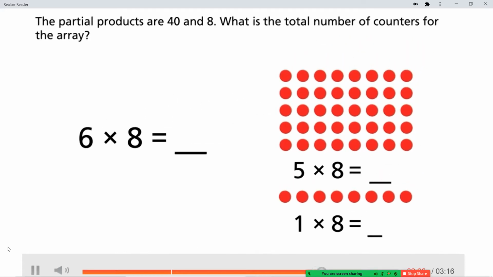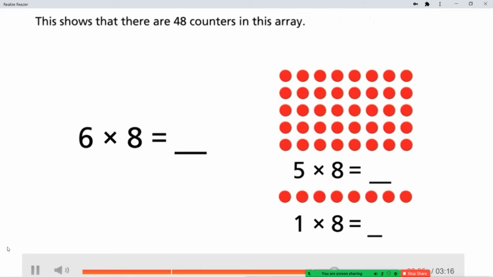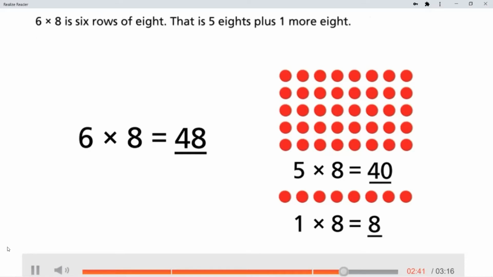The partial products are 40 and 8. What is the total number of counters for the array? This shows that there are 48 counters in this array. 6 times 8 is 6 rows of 8.